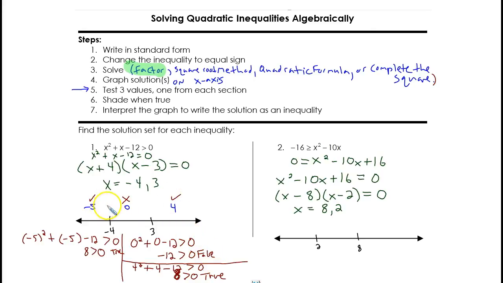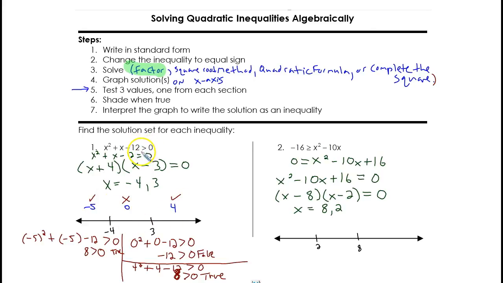So we end up with kind of this situation where things that are to the left of -4 work. If -5 works, then everything to the left of -4 works. Things that are between -4 and 3 do not work. If there's one number that doesn't work, none of them work. And everything to the right of 3 is going to work if 4 works.